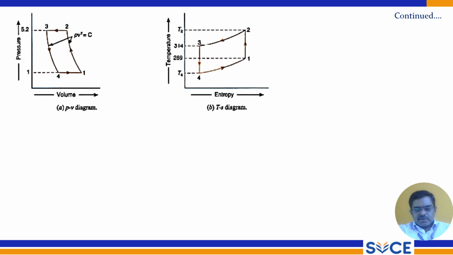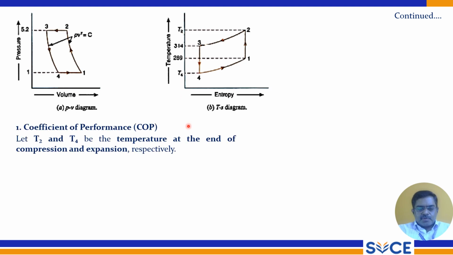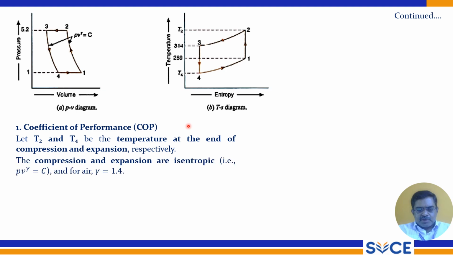So this is the cycle PV diagram and TS diagram, and as usual here we know this T1 as well as T3. We need to find T2 as well as T4. Let T2 and T4 be the temperature at the end of compression and expansion respectively. So here the compression and expansion are isentropic.